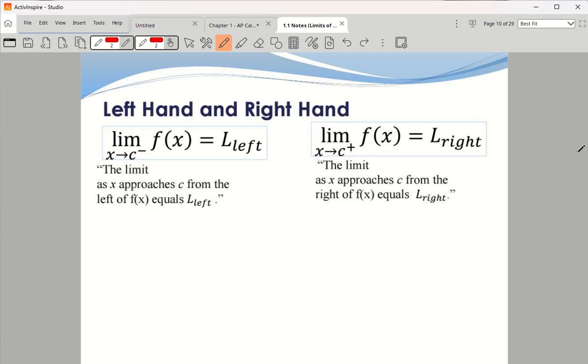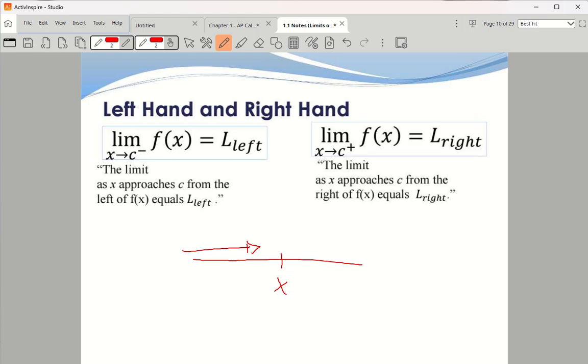Okay, so definition for a limit to exist, we have a left hand. So now we're going to actually start talking about one-sided limits. This little minus sign right here says from the left, because if I'm looking at a number line, and let's say this is x, and it's approaching on a number line, is that like the left side?